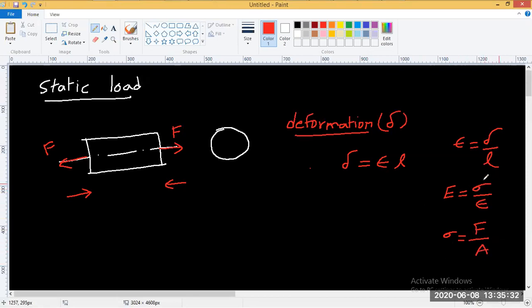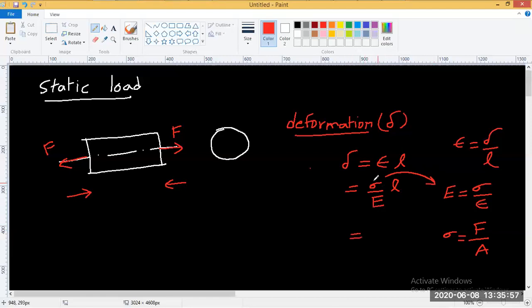You can write this value of strain as sigma by Young's modulus. So I'll just replace this as sigma by Young's modulus into L. I'm just replacing this thing here with this.